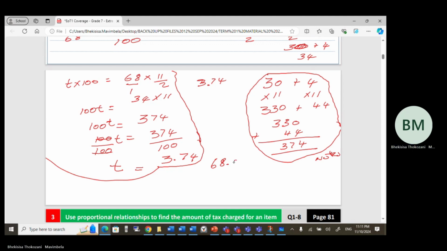68 plus 3.74. Then you add. This is 4. This is 7. Now, don't forget your decimal point. And this is 11, so I'm carrying that one.